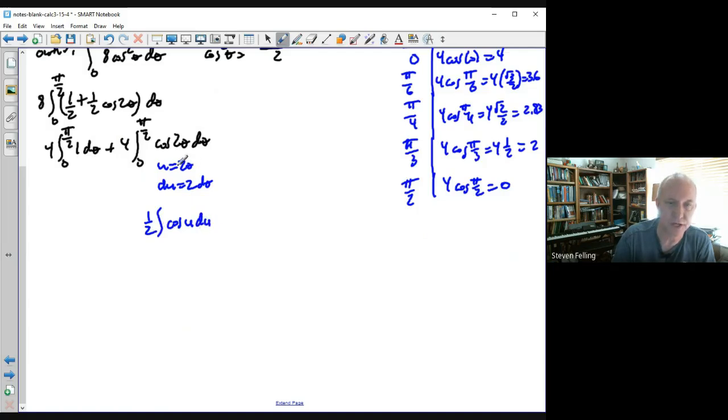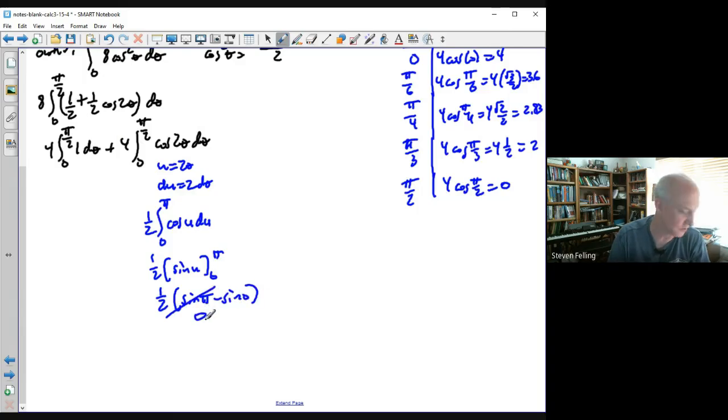So if theta is 0, then u is 2 times 0. And then pi over 2 times 2 would be pi. So then I'm going to have the antiderivative of cosine, which is negative sine. No, that is not negative sine, it's sine. It's sine from 0 to pi, so it's going to be 1/2 sine of pi minus sine of 0, but both of those are 0, so this whole thing is 0.